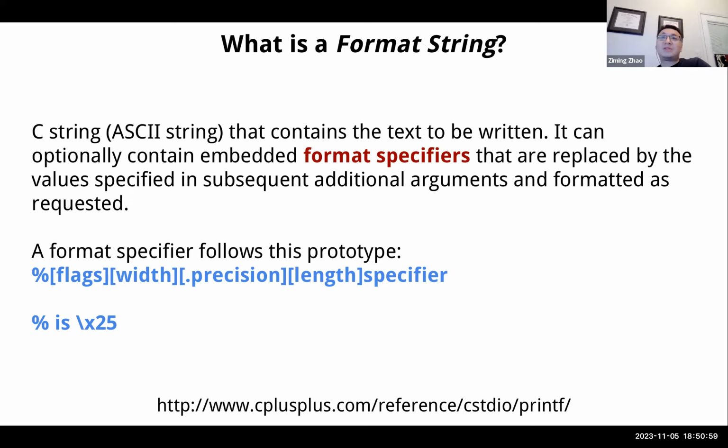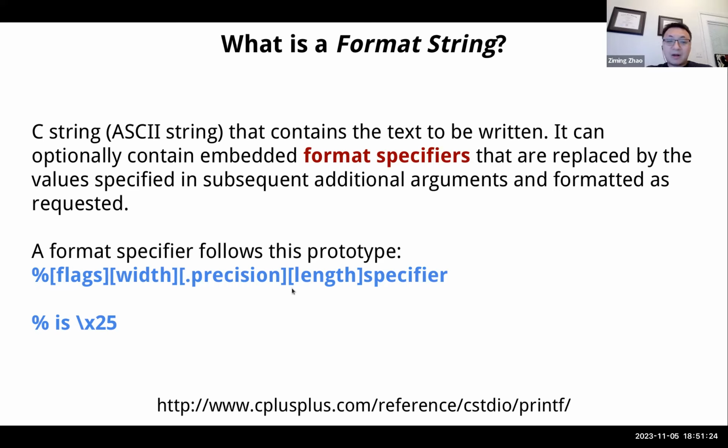And a format specifier follows this prototype here. It always starts with a percentage sign. There could be an optional flag field, an optional width field, an optional precision field. But if you want to use a precision field, you have to use a dot there as well.